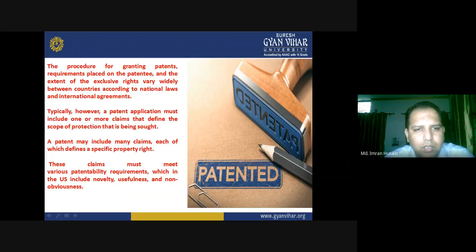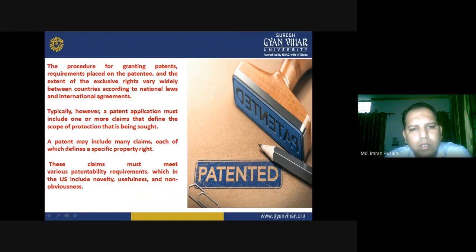Patent law is mostly influenced by international agreements and the way things proceed. Sometimes it is influenced by regulations practiced in other countries, but sometimes it is exclusively according to national laws. So the scenario also varies in nature.